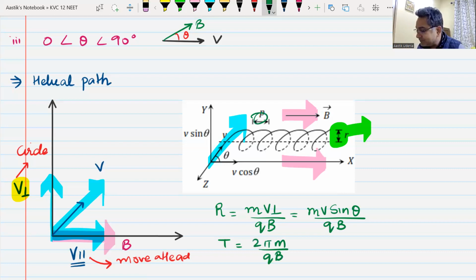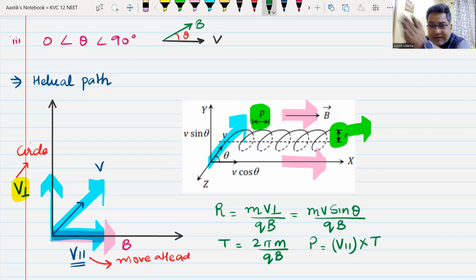We have something known as pitch, P. This pitch is the distance traveled in one revolution, and the value of this pitch P is V parallel, the parallel component of velocity, multiplied by T, which is the distance it moves in one time period.